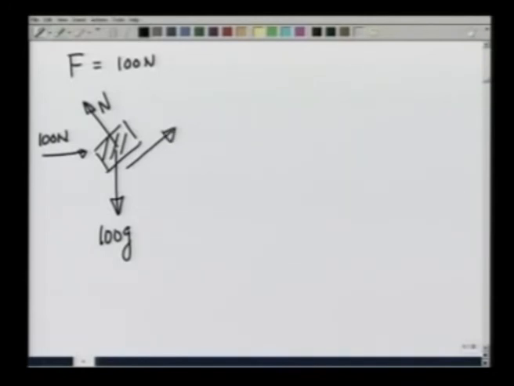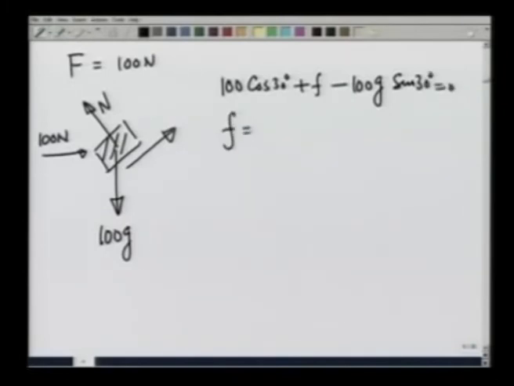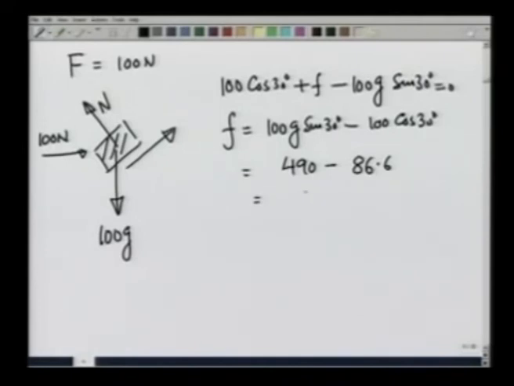To keep the block in equilibrium, I should again have that 100 cosine of 30 degrees plus f minus 100 g sine of 30 degrees should be 0, or the frictional force should be equal to 100 g sine of 30 degrees minus 100 cosine of 30 degrees, and this comes out to be 490 minus 86.6, which is nothing but 403.4 newtons.